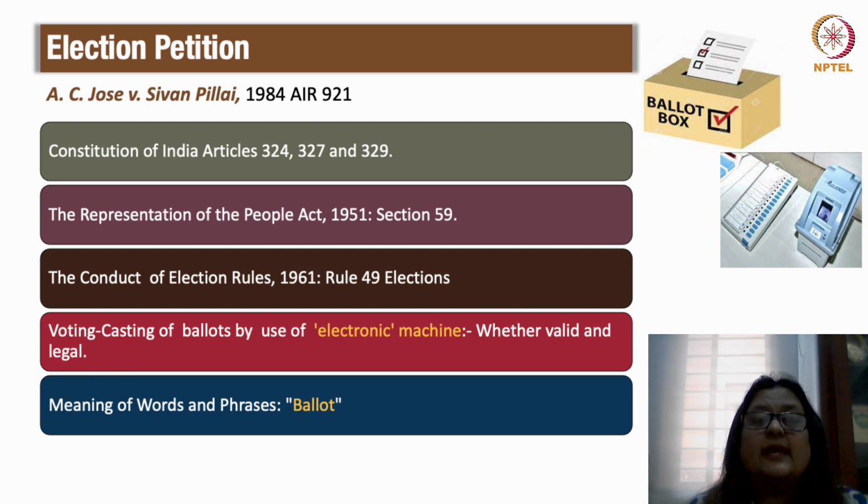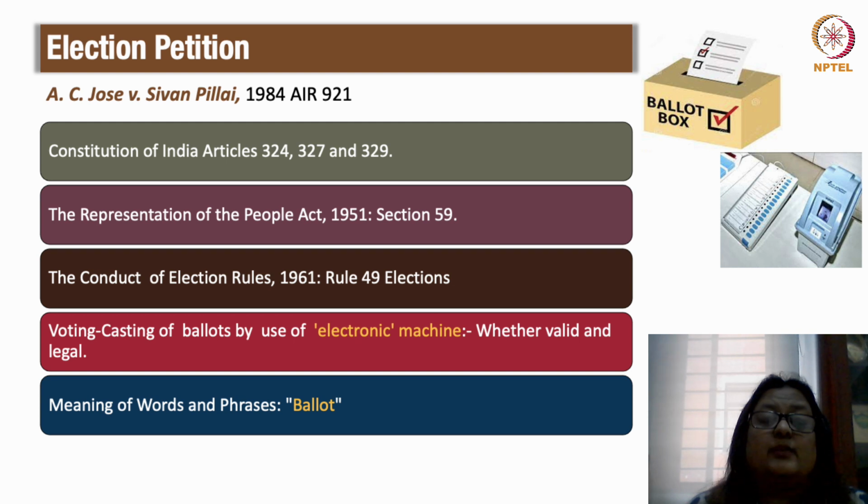Jose versus Sivan Pillai. In 1984, this case was about usage of electronic voting machines instead of ballot boxes. Here also the Supreme Court interpreted the constitutional provisions of Articles 324, 327 and 329.